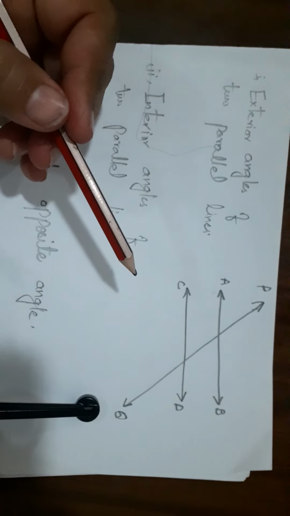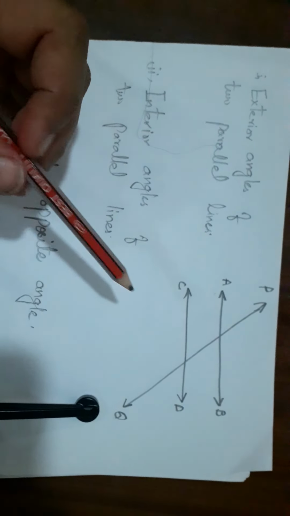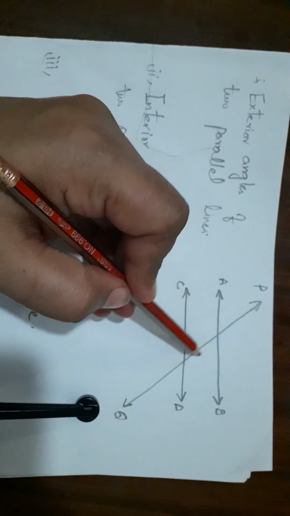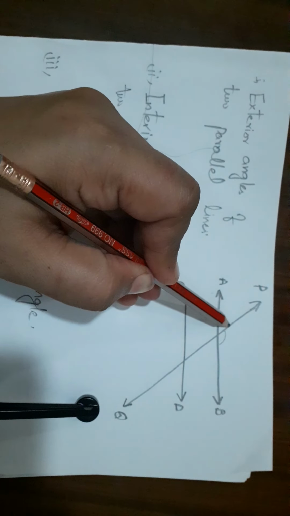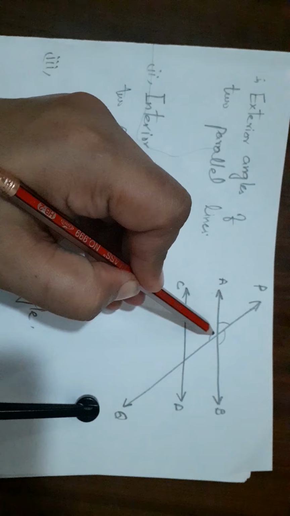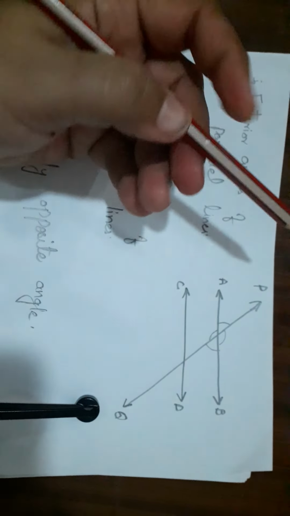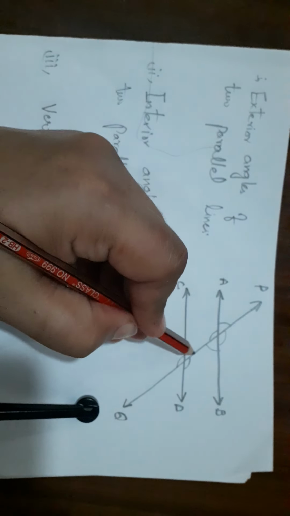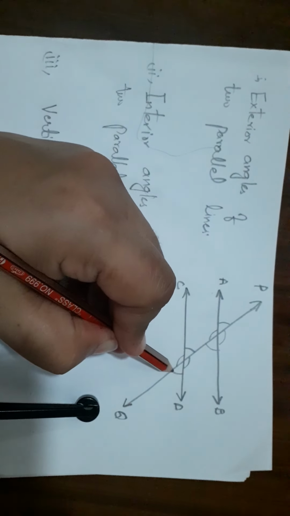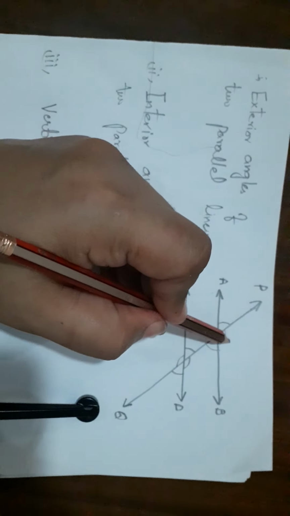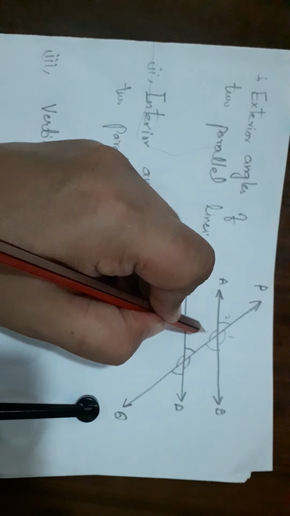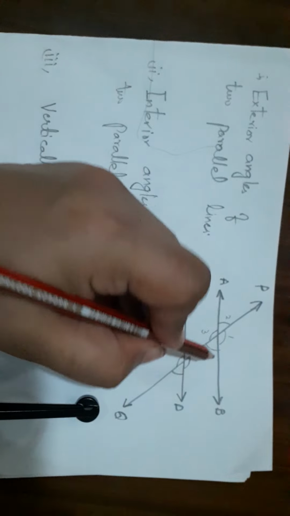There is a very important example here. So class, we write the transversal. When we draw the transversal, there are some angles. You check that, like this. I write like this. The angles are named angle 1, 2, 3, 4.